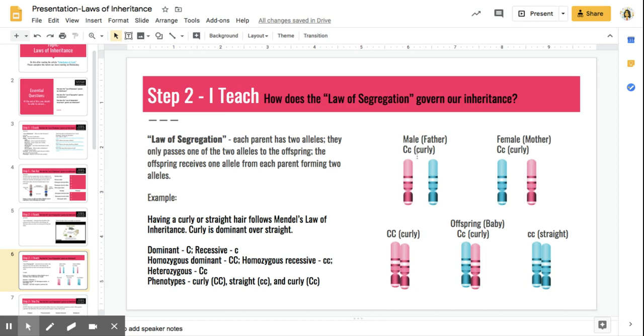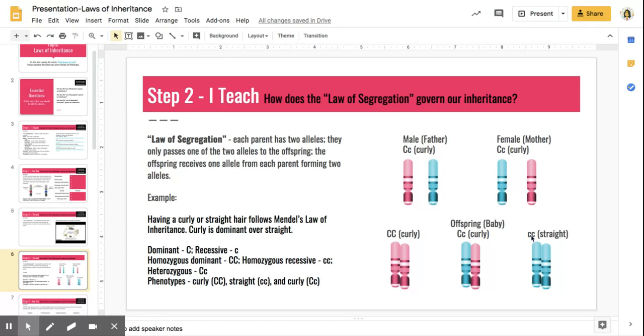That only means that both of them have heterozygous genotype, and he or she happened to receive all the recessive alleles. That's the reason why the baby received the straight hair phenotype.